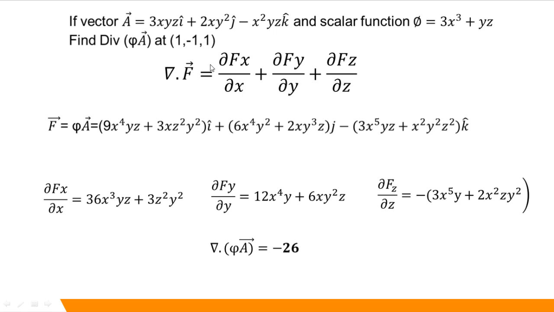Similarly for the second part, 2xy²: first part 3x³, 3 into 2 is 6, and x³ and x become x⁴, so 6x⁴y². The next part is yz times 2xy², which is 2xy³z, the j component.